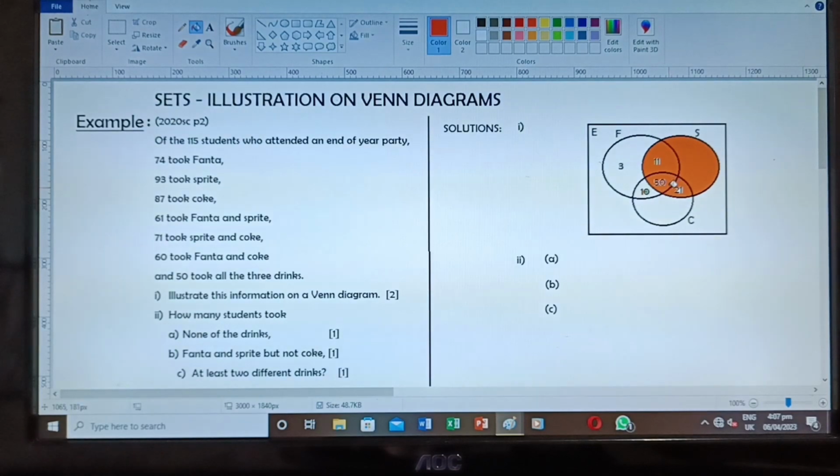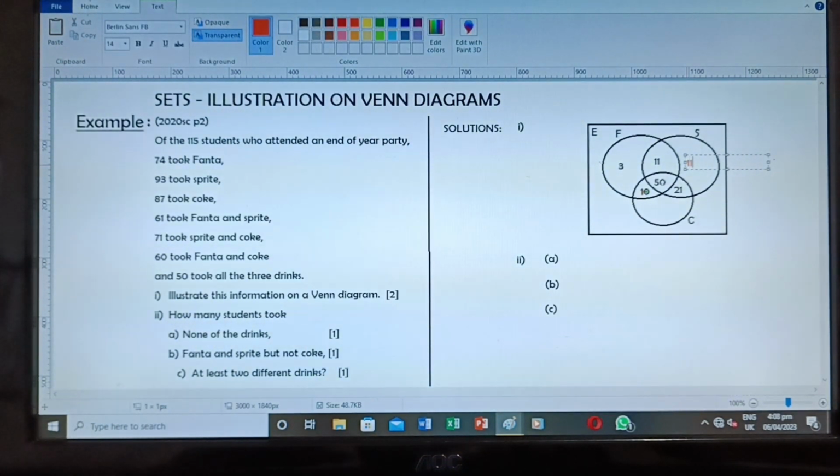So already you know 50 plus 21 is 71, and plus 11 is 82. So when we say 93 minus 82, we are getting 11. So 11 will be put here.